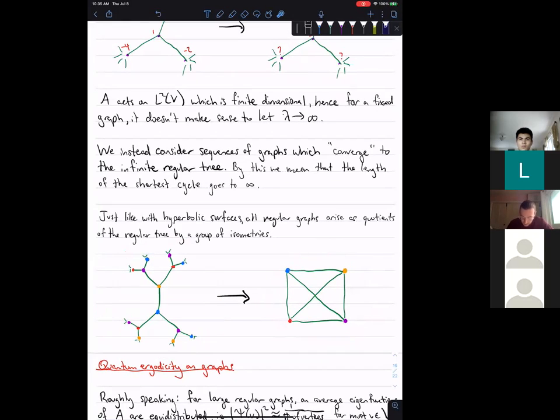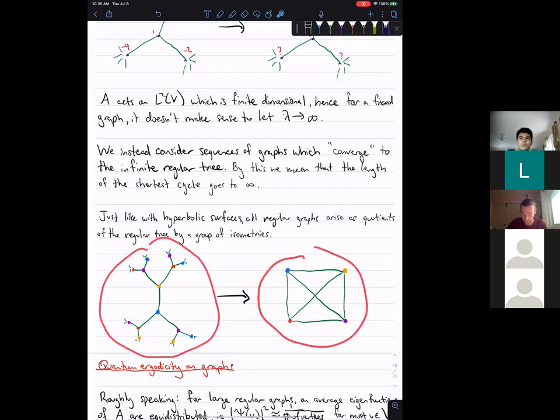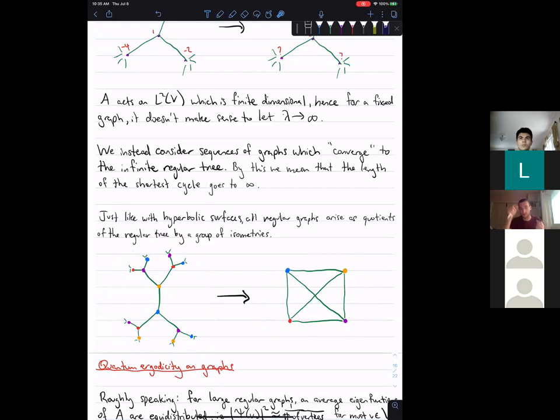What's interesting is if I have a closed loop here, that will lift to a path here between vertices of the same color. So the fact that closed loops are getting really long is like saying that when I look at the tree and color it according to how it gets quotiented, the path between vertices of the same color is getting arbitrarily long.